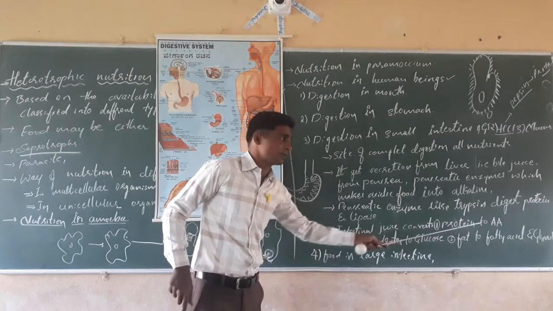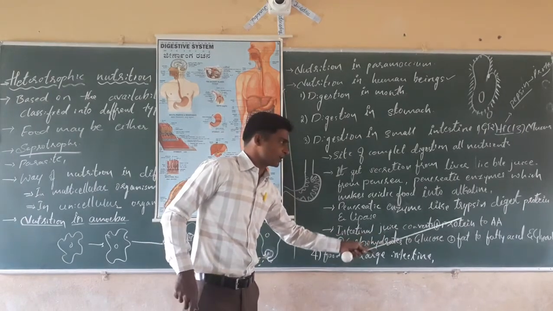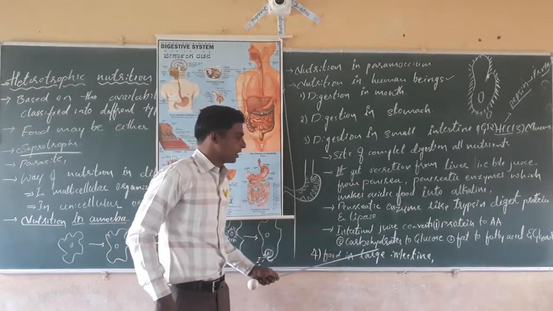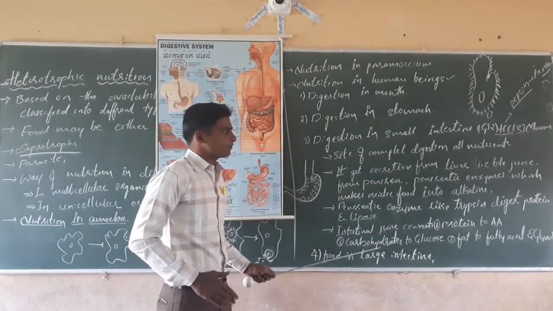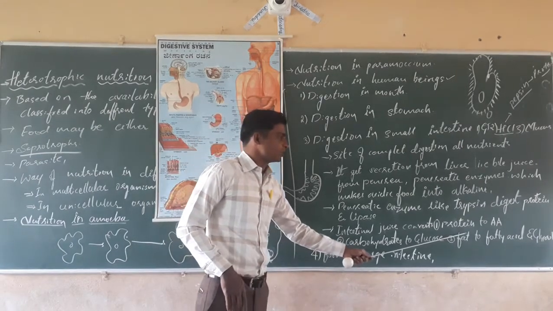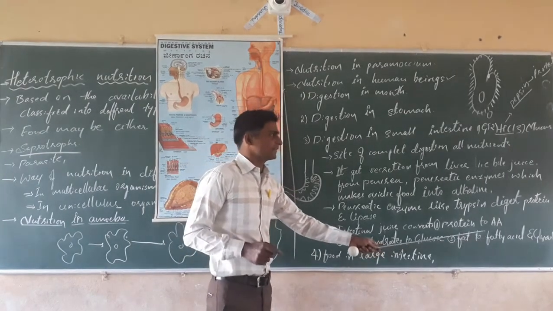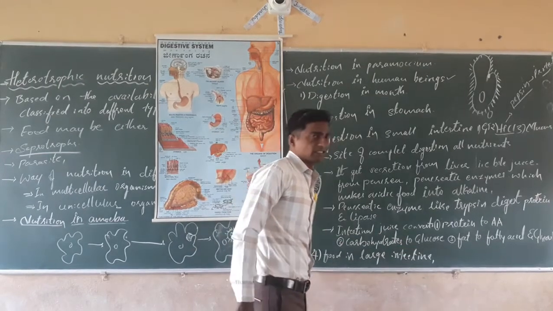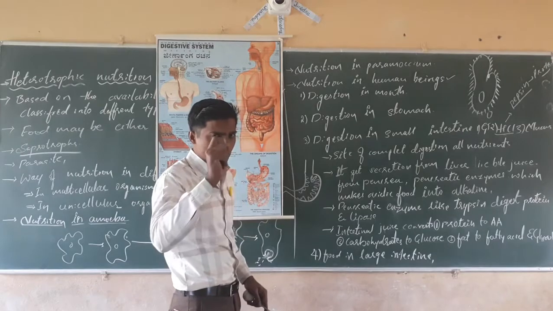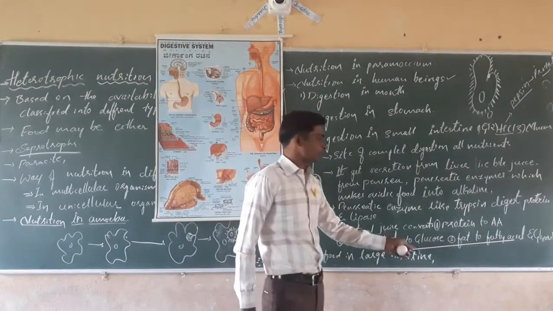A number of amino acids combine to form proteins. Carbohydrate breaks down into glucose, and fat breaks down into simple units, that is fatty acids and glycerol.